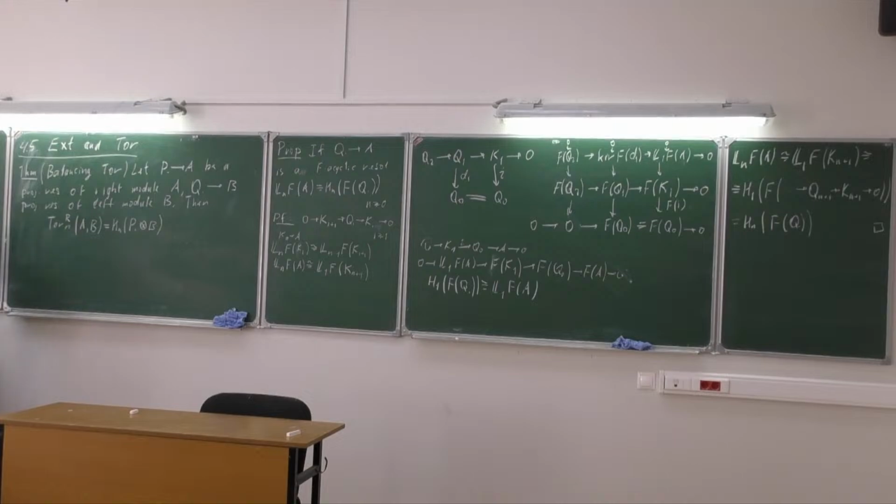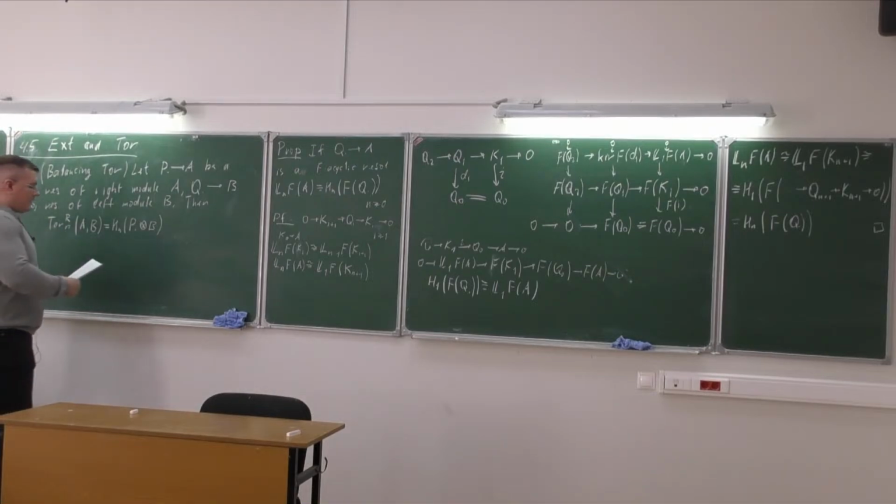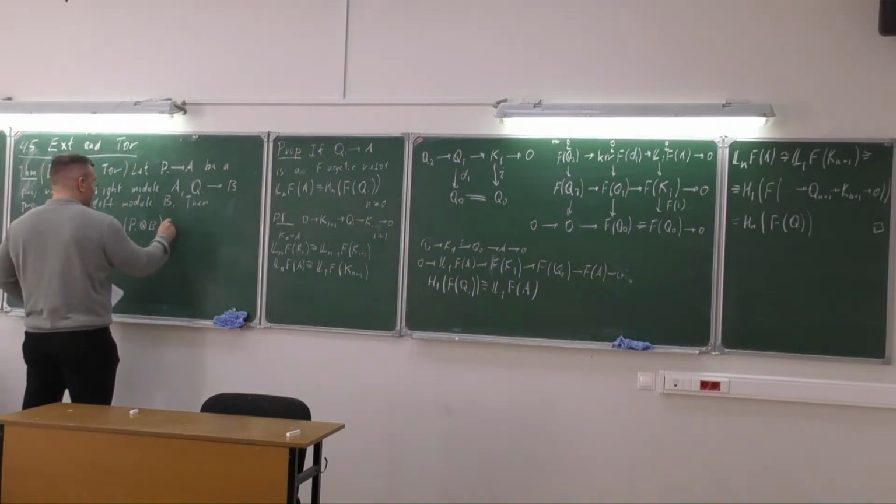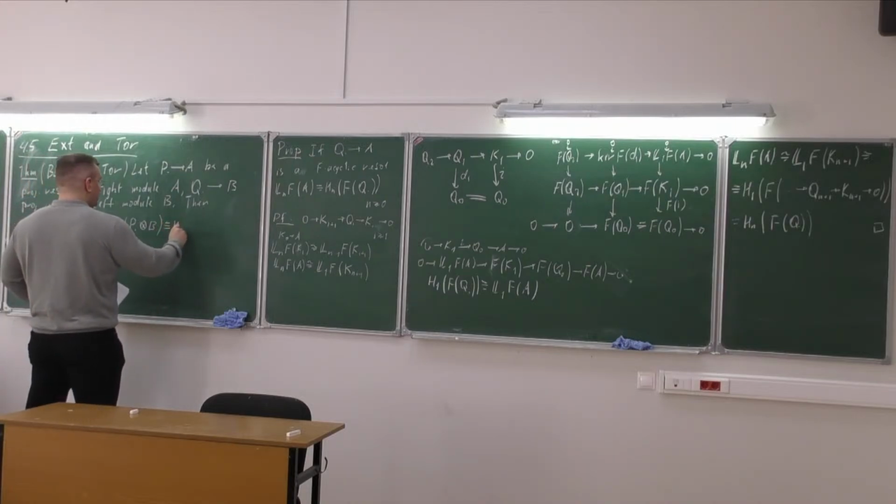Well, this is not a statement, this is just the definition of Tor n. But I can as well compute this: it is isomorphic to the nth homology where I keep the first argument A and use the resolution Q instead of the second argument.